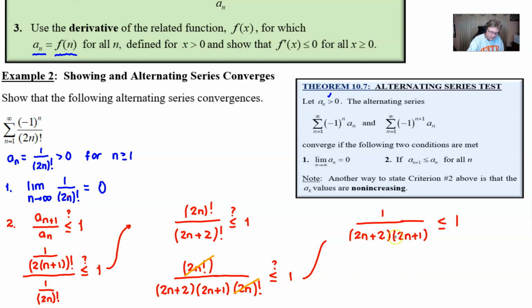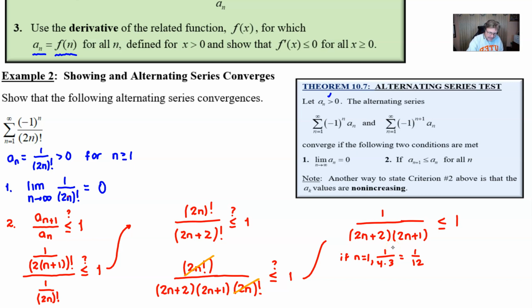Because if you let n equal 1, already you're going to have, well, what would this be if n is equal to 1? 1 over 4 times 3, right? So you'd have 1/12, and that's certainly less than 1. And as n gets bigger and bigger, this is going to become even smaller and smaller.